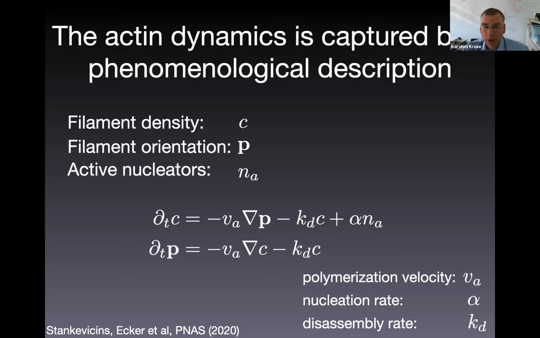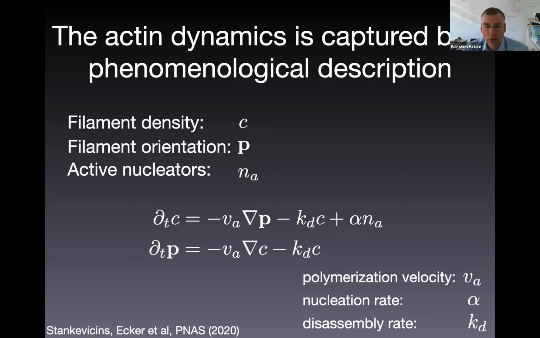And this is proportional to a polymerization velocity. And then, since we have a disassembly rate, we also need to generate the filaments somehow. And this is done by particular proteins that nucleate new filaments. And so these nucleator proteins, as we call them, are described by the distribution Na, and it's proportional to the rate alpha, which gives you the nucleation rate. And so this would be the phenomenological way of writing down, the simplest way, the dynamics for the actin density.